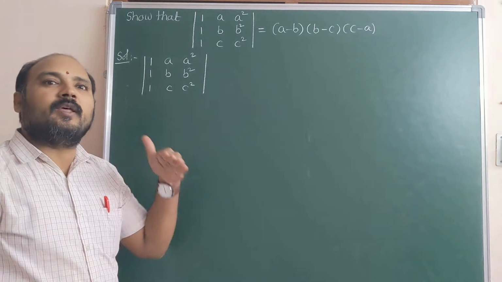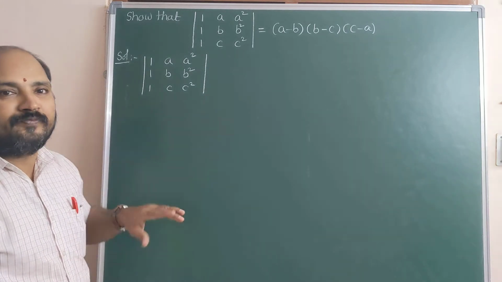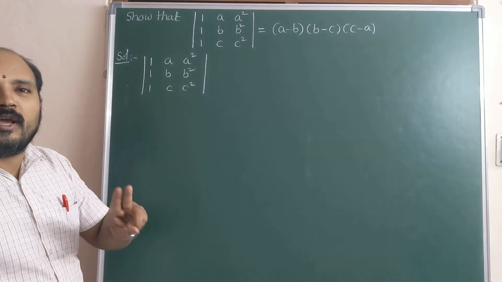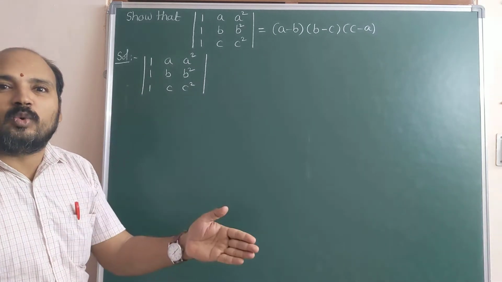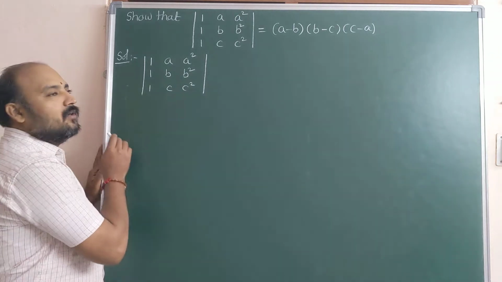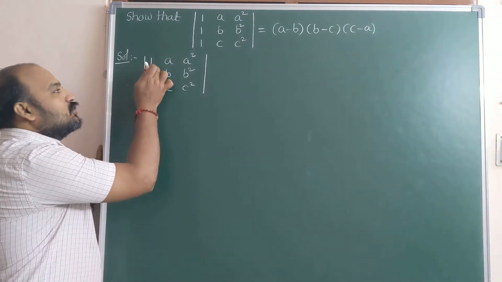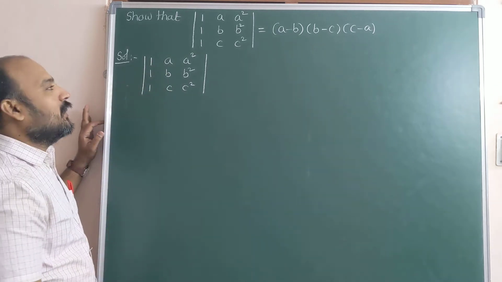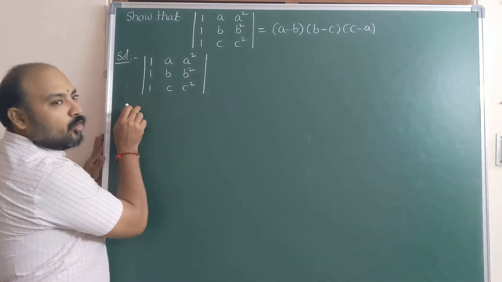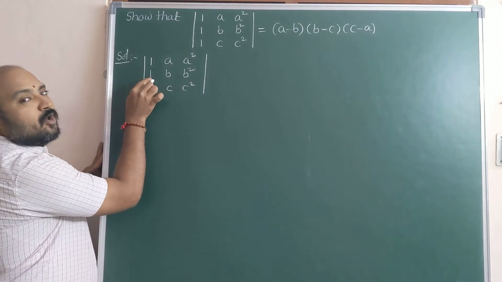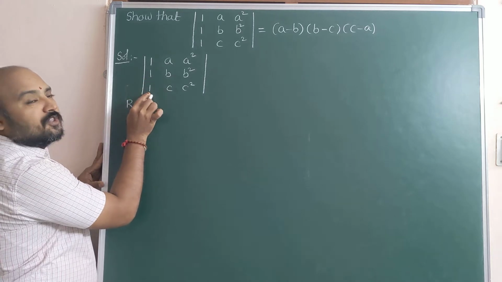Whenever either in a row or column 3 ones are available, make any 2 ones zeros by row operations. See here, I am going to make these two terms zeros by applying row operations. This belongs to R2, this belongs to R3.